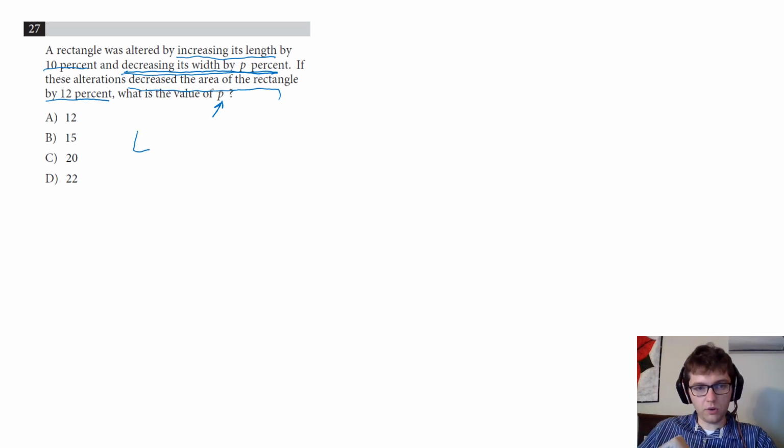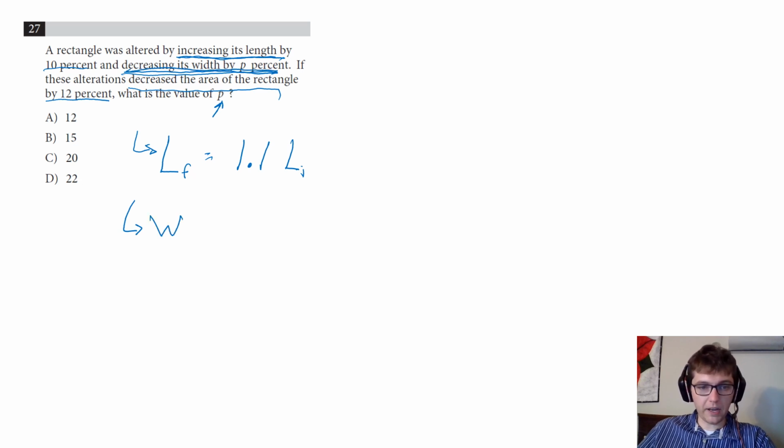Let's start in the order that they give it to us. They're saying the length was increased by 10%. So the length final is equal to the length initial multiplied by 1.1, that 0.1 being the increase of 10%, right? So that's the change in length. Next, they talk about the change in width. The width was decreased by p%.